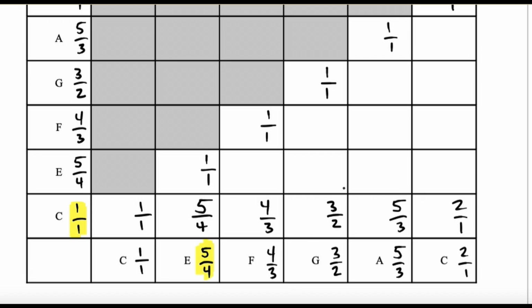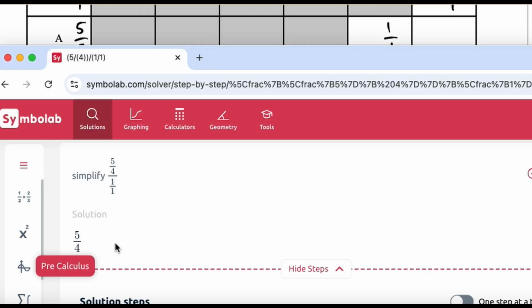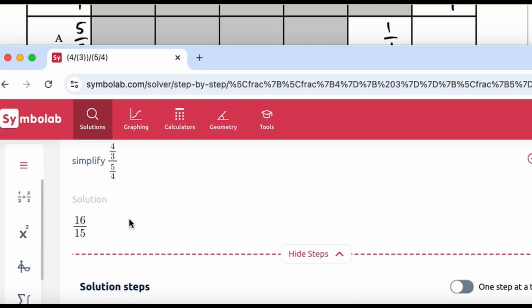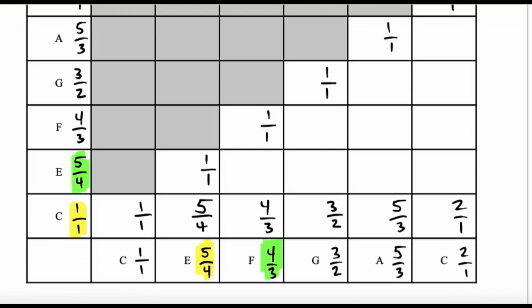Okay, but if we divide 4/3, which is a F, by 5/4, which is a E, that is one that's kind of unusual for this matrix here. Let's see what that is in Symbolab. Yeah, so we get 16/15.